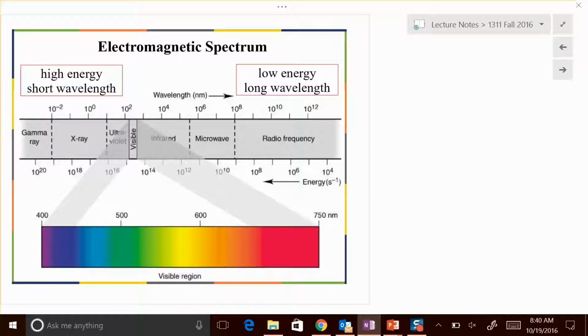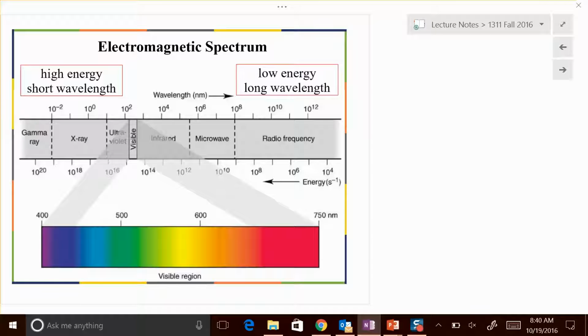That's pretty large. All the way over to gamma rays, which can be less than 10 to the negative 2 nanometers. A nanometer itself would be microscopic, so 10 to the negative 2 nanometers would be very, very tiny.